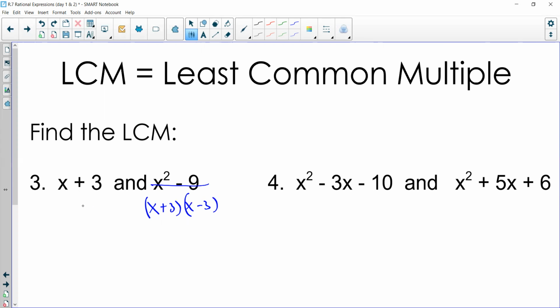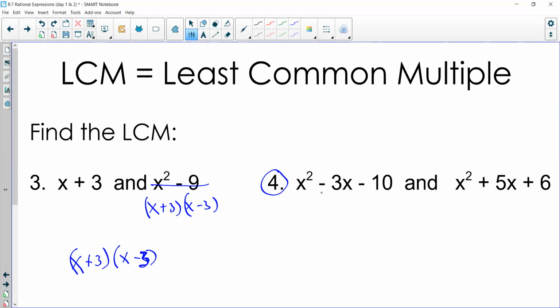So a common multiple of this would be x plus 3 times x minus 3. These might start to make more sense when we actually do the problem, but for right now, this is our least common multiple. Let's see if we can understand this better with number 4.